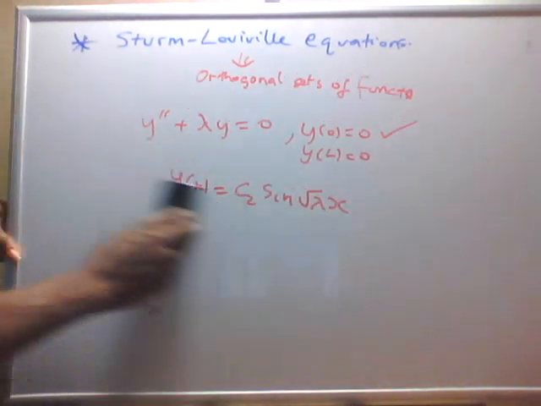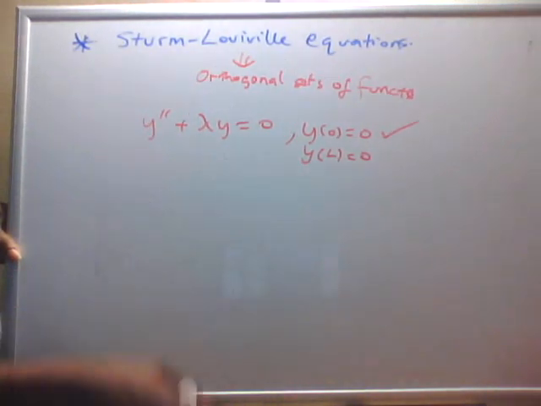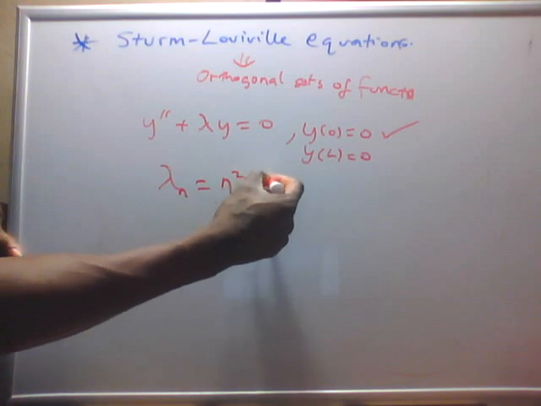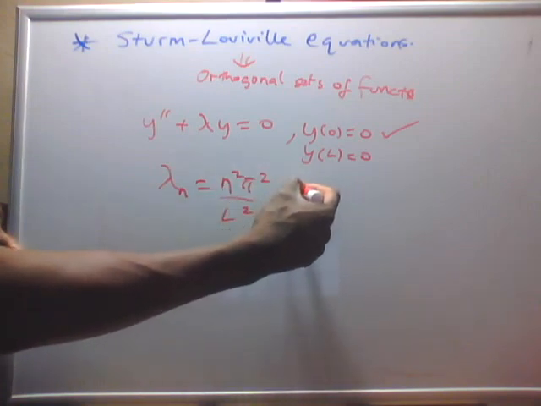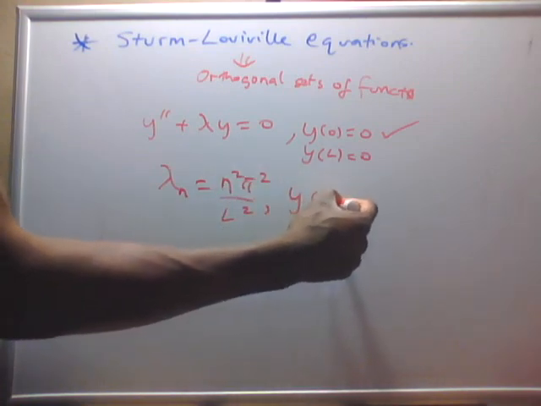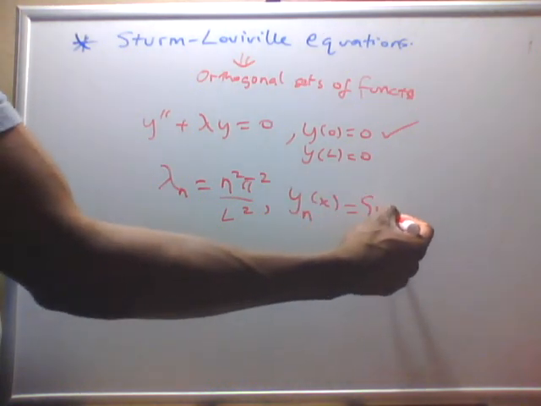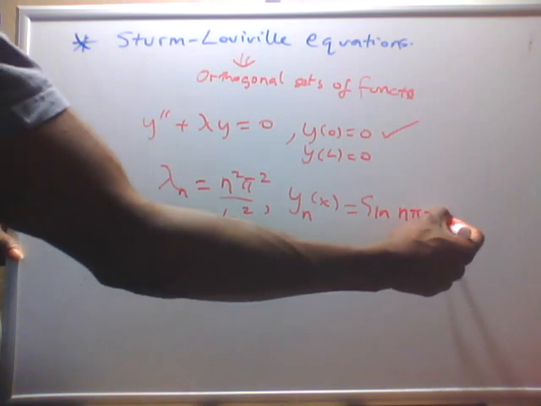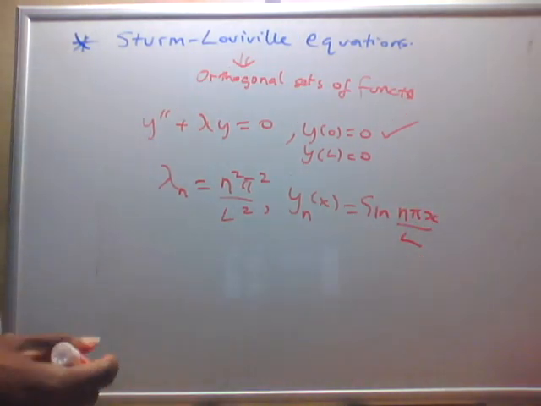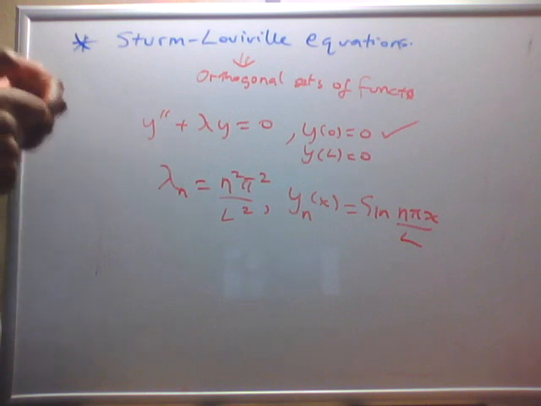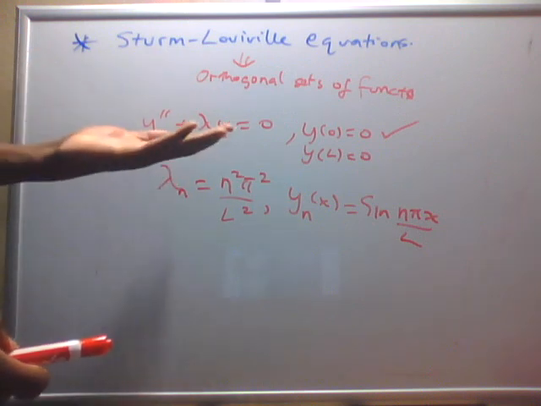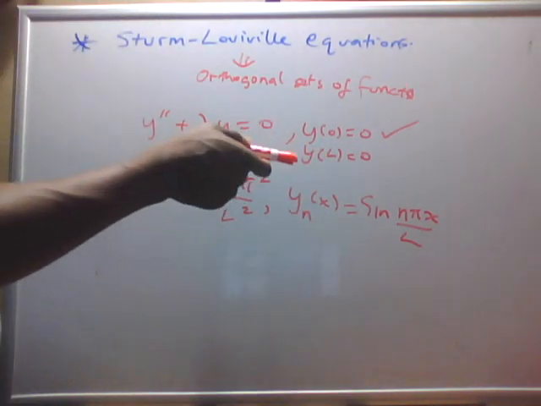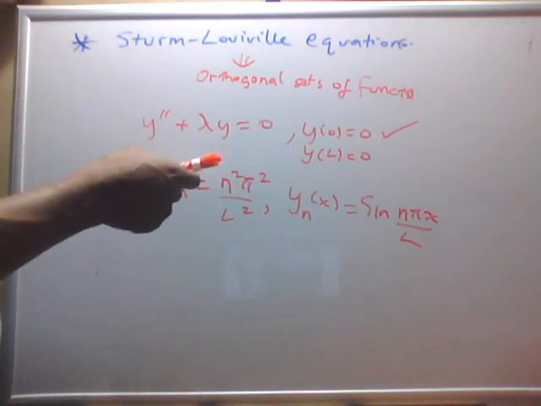We have our eigenvalues, as we call them, n squared pi squared over L squared, and the eigenfunctions corresponding to those eigenvalues are sine n pi x over L. This example was shown to illustrate how boundary value problems of this kind of form often turn out.